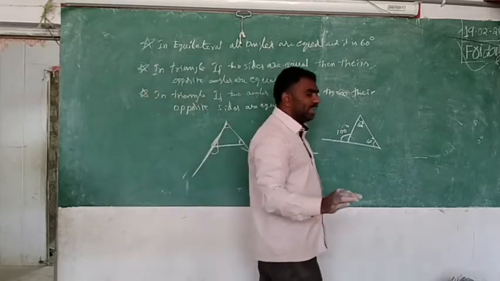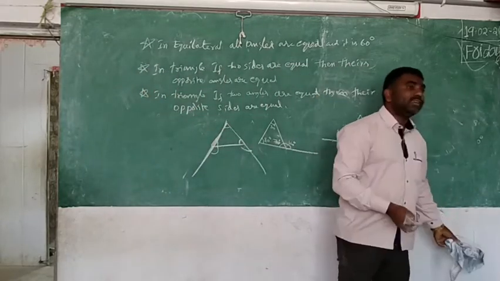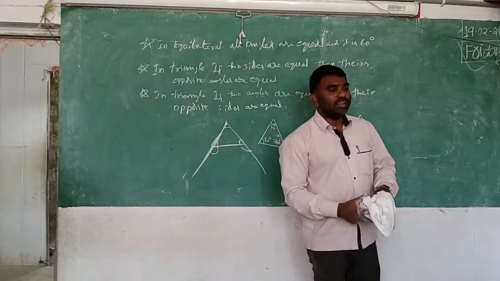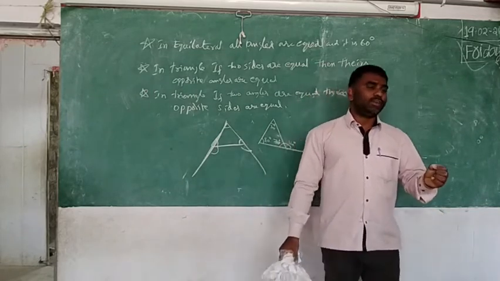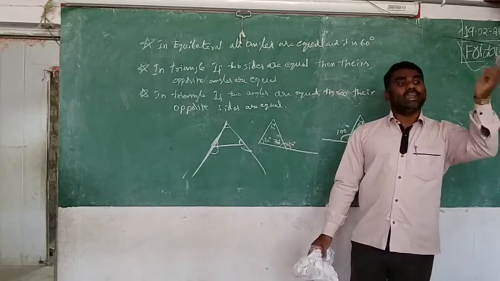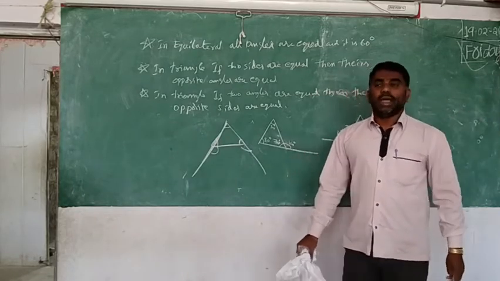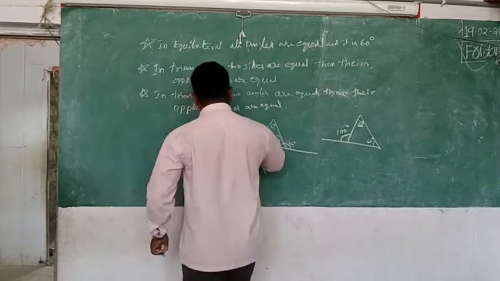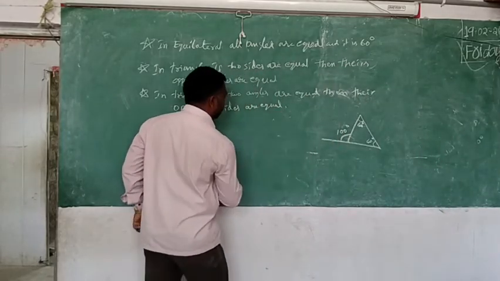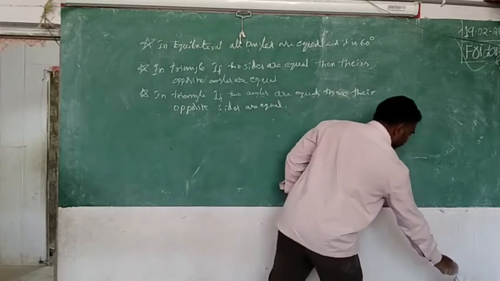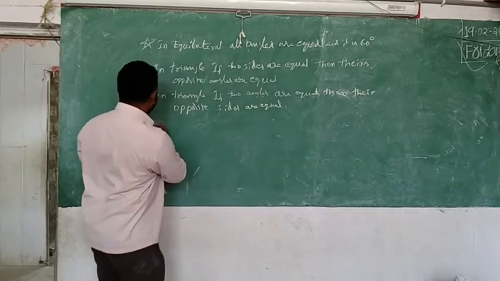So this exterior angle, how do you find it? By using addition, by the sum of two opposite interior angles. That is the property. So what is the property?